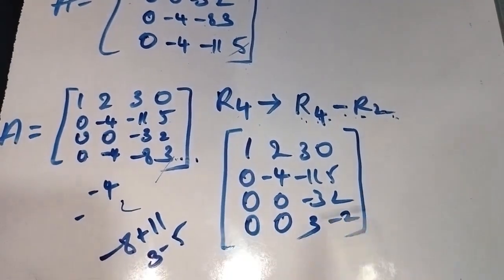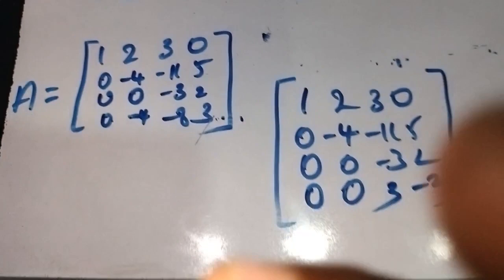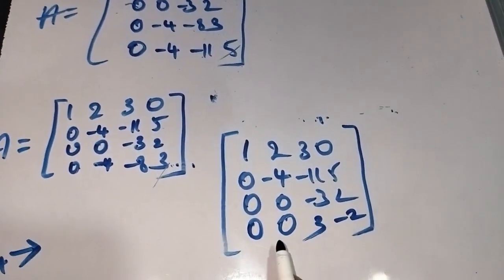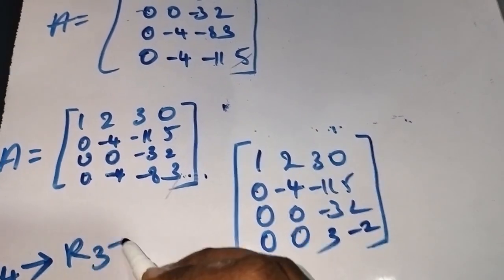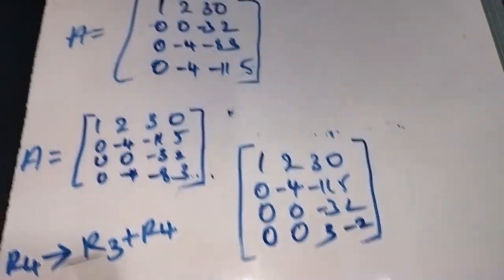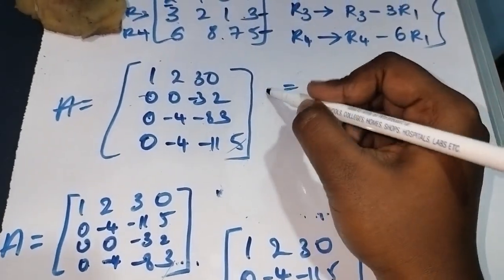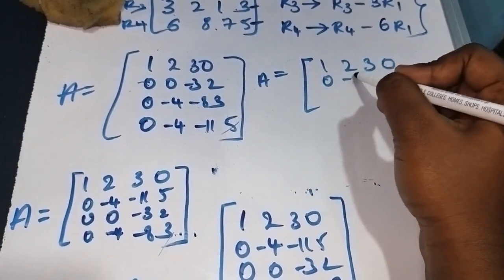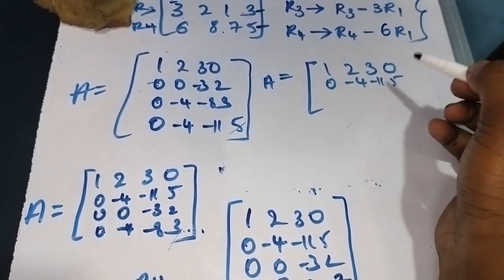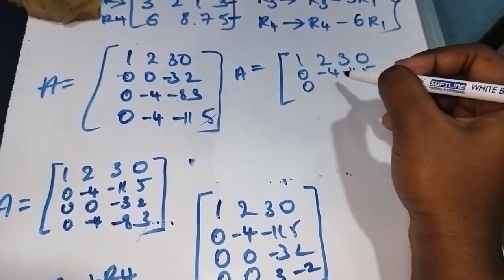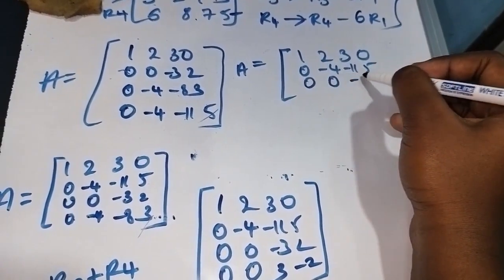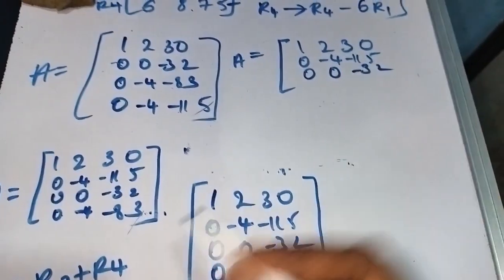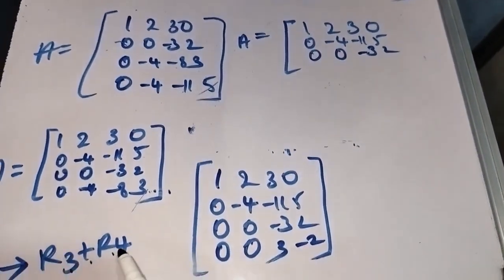This is all about the simplified matrix, and this R4 can be changed as R4 equals R3 plus R4. This I'll show you here. If A is the matrix 1 2 3 0, 0 minus 4 minus 11 5, 0 0 minus 3 2, and next R4 is changed as R3 plus R4 now.